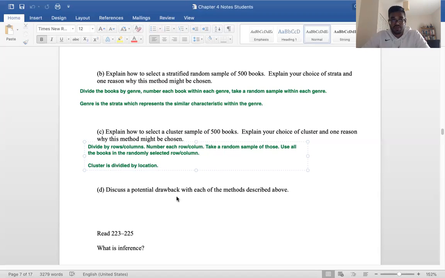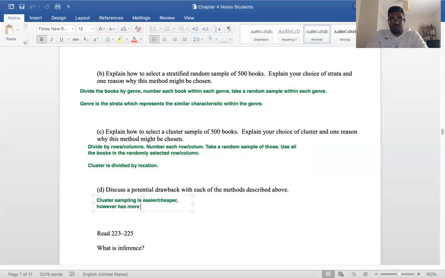Okay. So what are the drawbacks of each of the methods? So cluster sampling is going to be cheaper. However, it's going to be less accurate. It has more variability. Write this down. So cluster sampling is easier and cheaper.